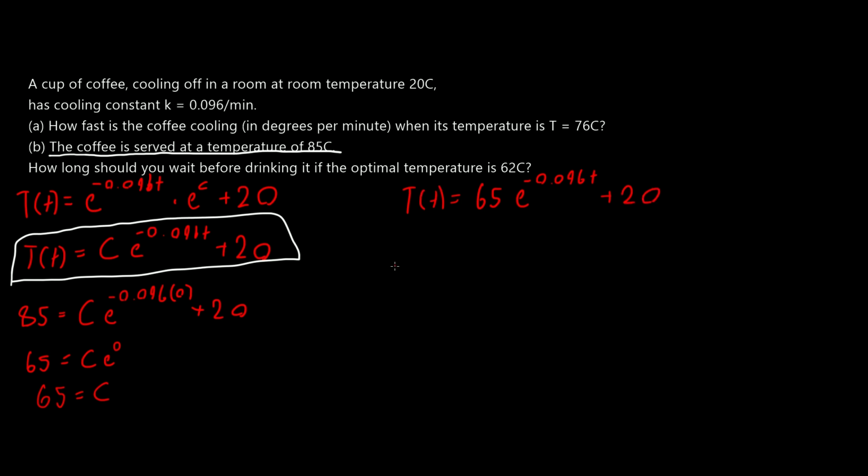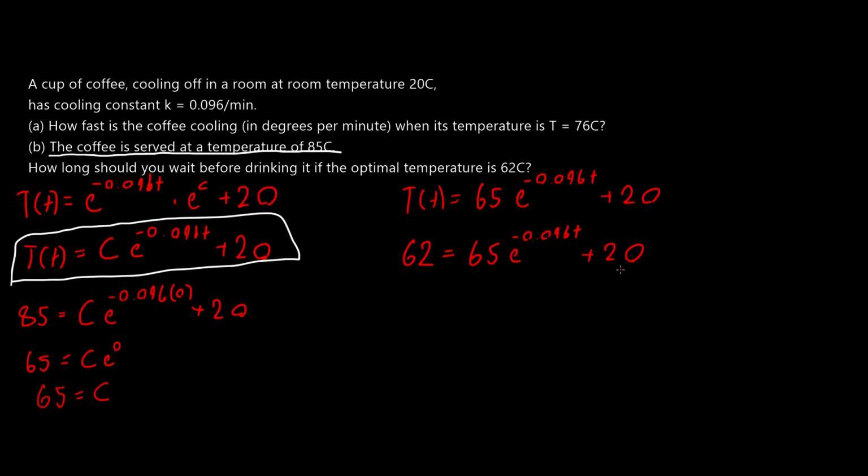So we want to know at what time t we will get 62 degrees. So all we really have to do now is plug in 62 to the end temperature, and then this is going to be equal to 65 times e to the power of negative 0.096t, where t is what we're solving for, and plus 20.